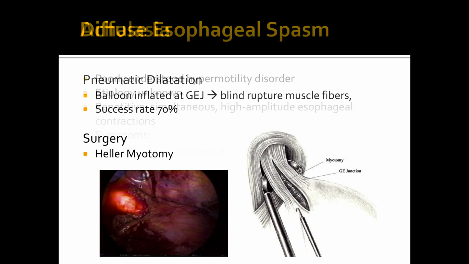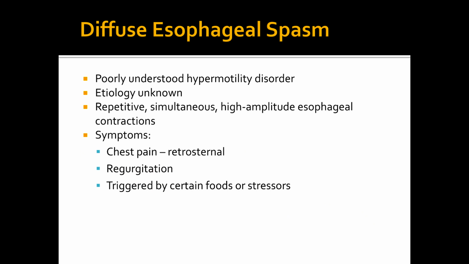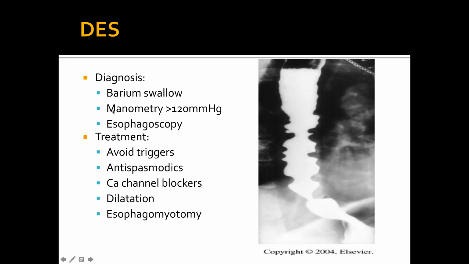So diffuse esophageal spasm, this condition is not very common, but patients will present with severe retrosternal chest pain, some regurgitation, and it's usually triggered by stress. Workup will show high amplitude contractions, and your manometry will show very high pressures throughout the esophagus.